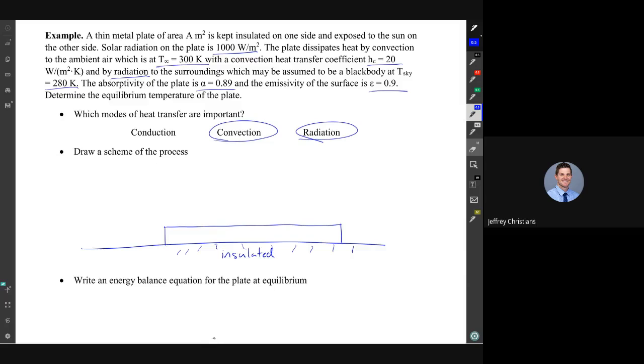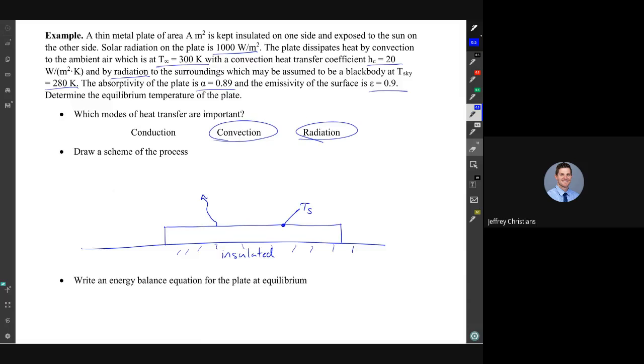The surface is at some temperature. That's what we're trying to figure out. And then it's emitting light, because it's at a temperature.